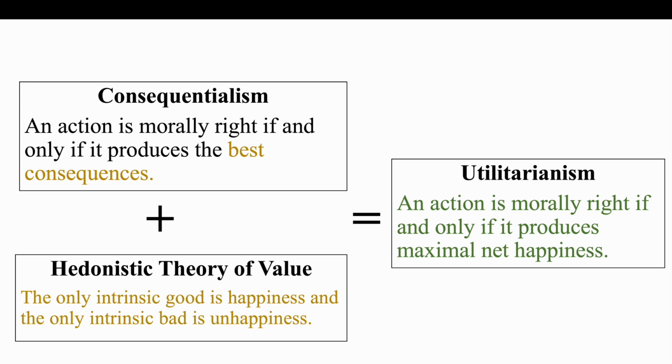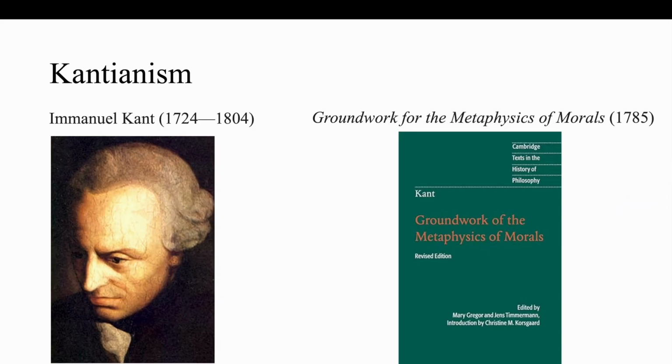You have to add up all of that pleasure, subtract all of that pain in order to calculate what the net consequences are. And the thing to do is to choose the action that promotes the most happiness for the most people, roughly speaking.